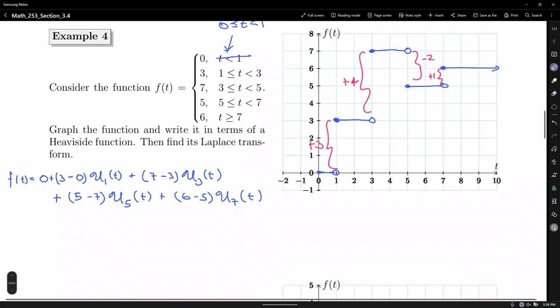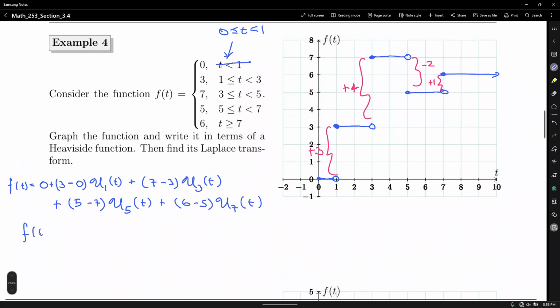Let's simplify these guys right here. So that'll be f of t equals 0, we don't need the 0, 3 u of 1 of t plus 7 minus 3, that's plus 4, u of 3 of t plus 5 minus 7, it's actually negative 2, minus 2 u of 5 of t, which is the same as saying u of t minus 5, okay, plus 6 minus 5, which is actually another positive, that's simply 1.